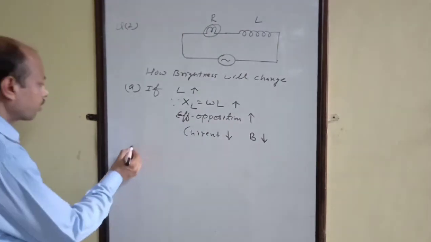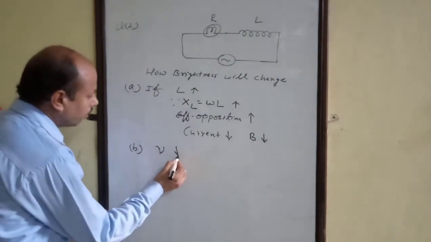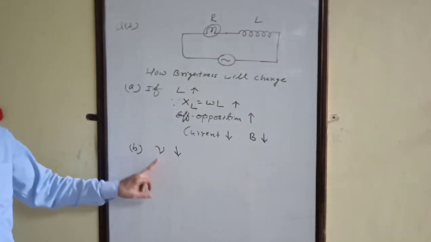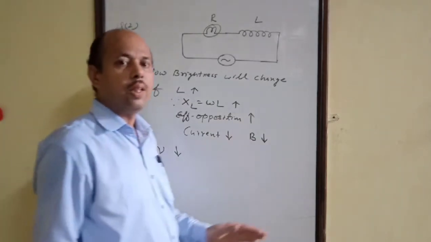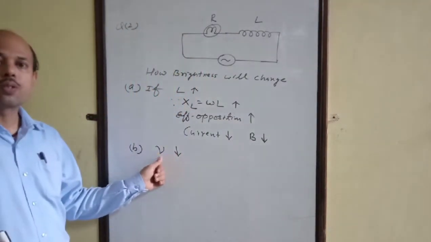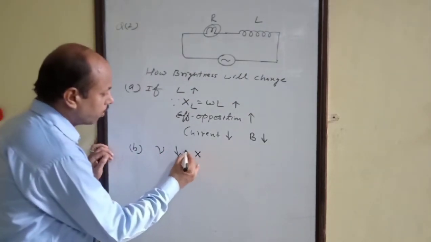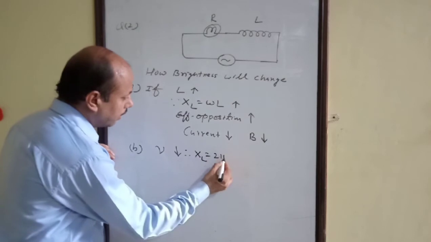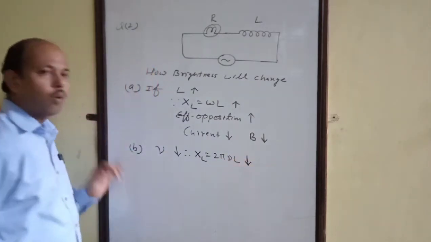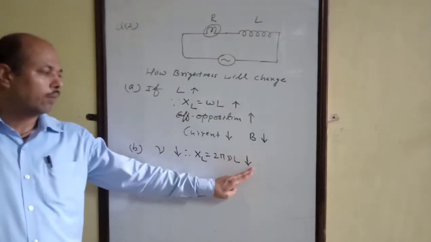Second question here. If the frequency of the AC is reduced, how will the brightness of the bulb change? Since the frequency is reduced, XL equals 2 pi nu L will decrease.